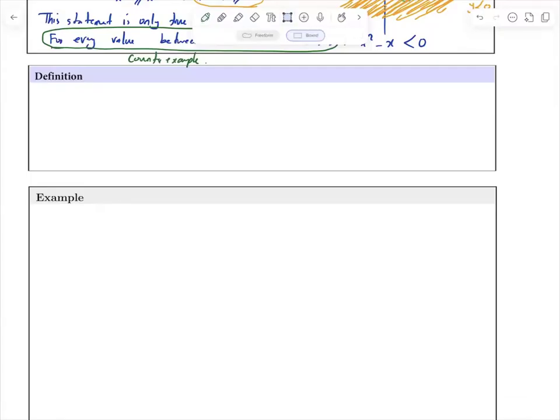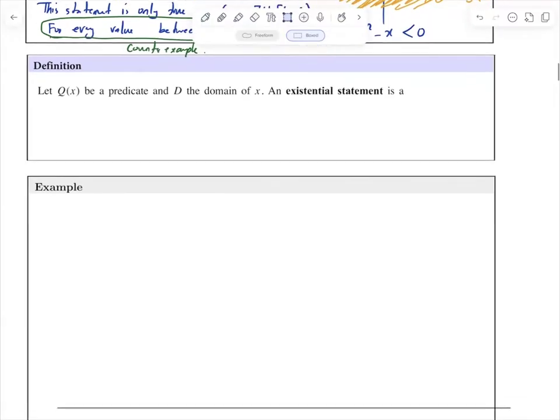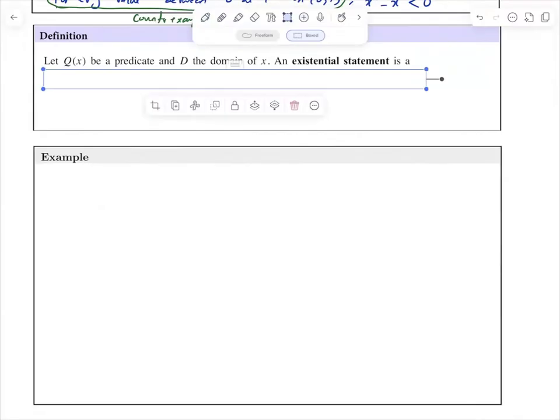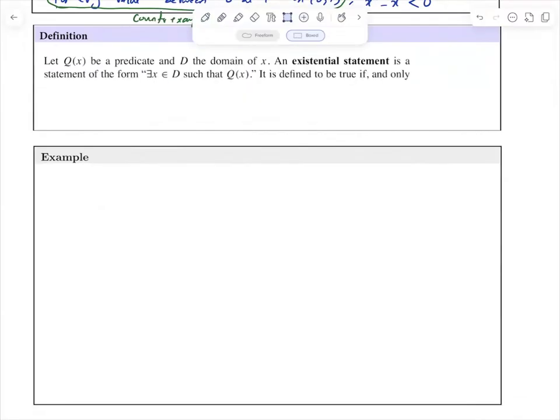This definition is on existential quantifiers and existential statements. Suppose Q(x) be a predicate and D be the domain of variable x. We can define an existential statement that basically is a statement saying that there exists a value like x in domain D such that the predicate Q(x) is true.